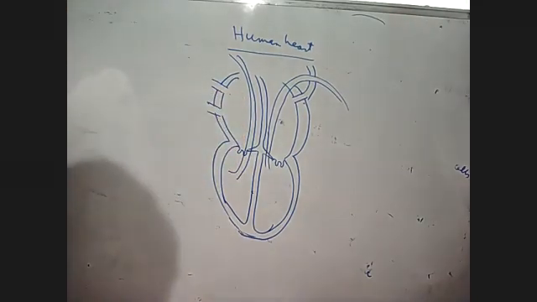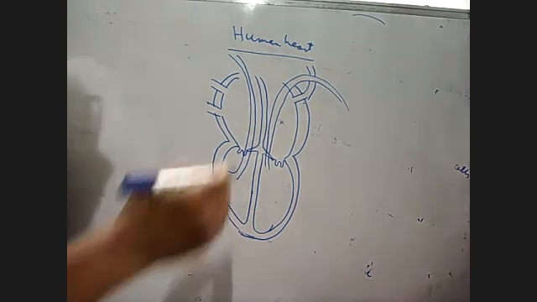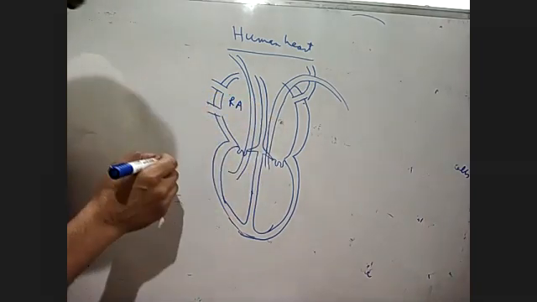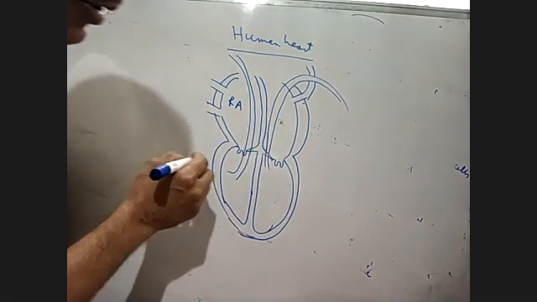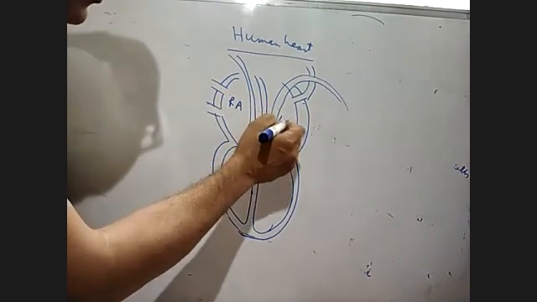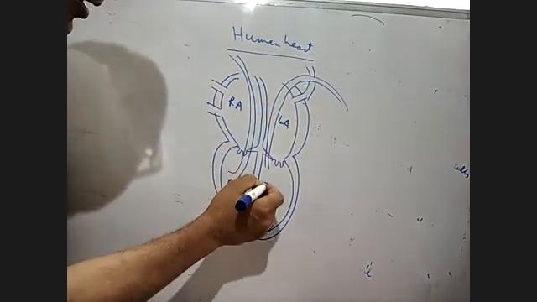The human heart has four chambers. Two auricles and two ventricles are there: right and left auricle, then right ventricle and left ventricle.